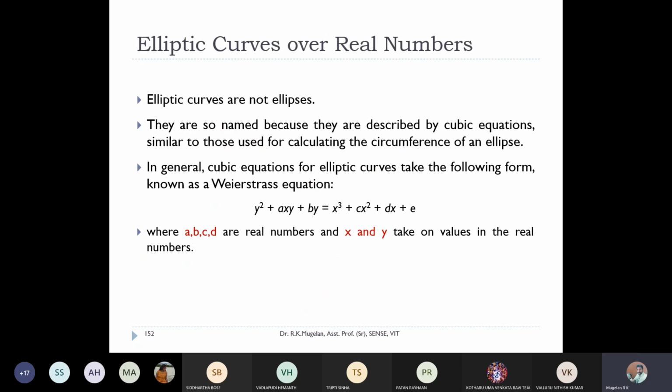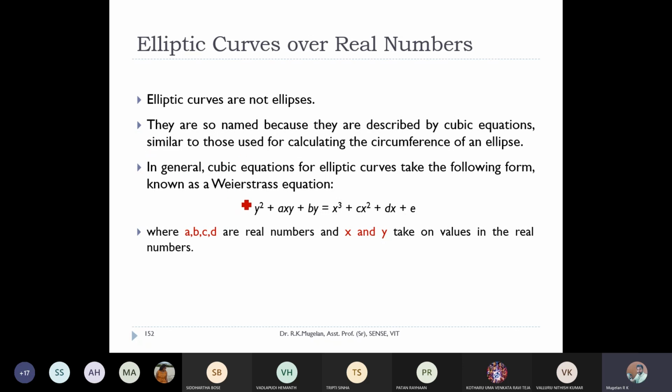Right. To start off, we will go with elliptic curves over real numbers. Elliptic curves does not mean an ellipse. It is based upon a cubic equation, which looks similar to the equation used to calculate the circumference of an ellipse.